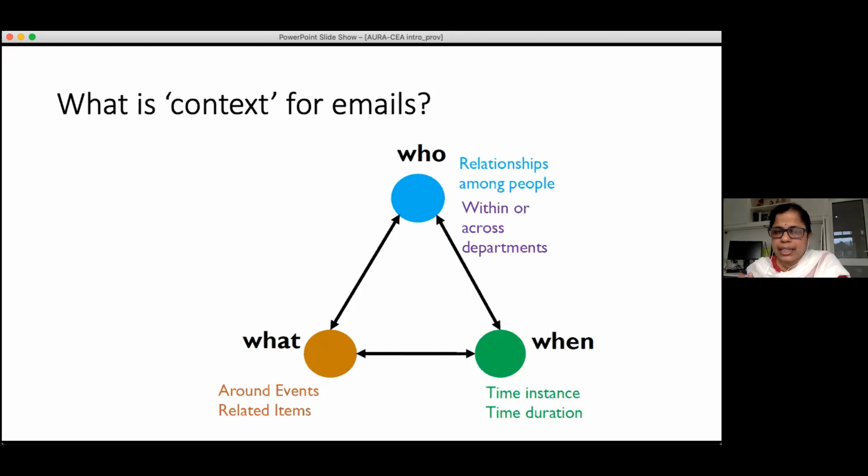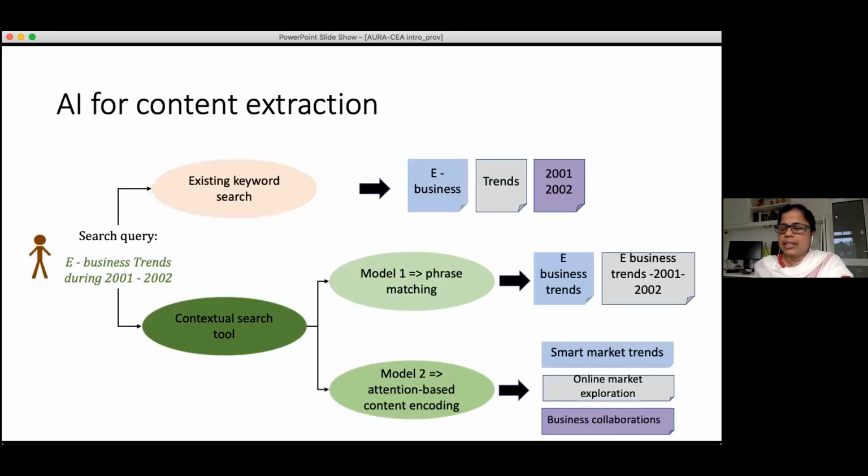Can I have the next slide? So here we have developed two models for contextualization, and the effectiveness of these models is compared to the existing keyword search. Let me explain that with an example. Let us suppose a user has a search query, something like e-business trends during 2001 and 2002.